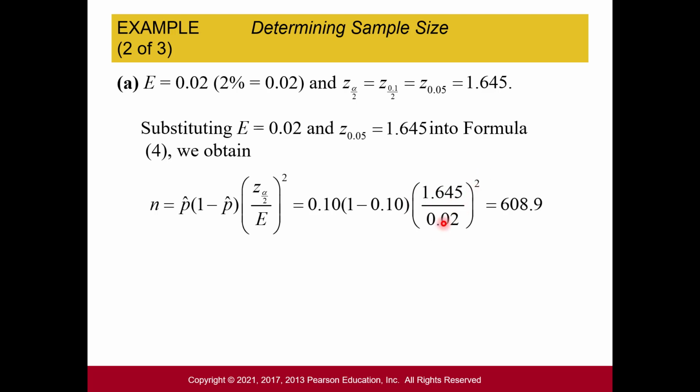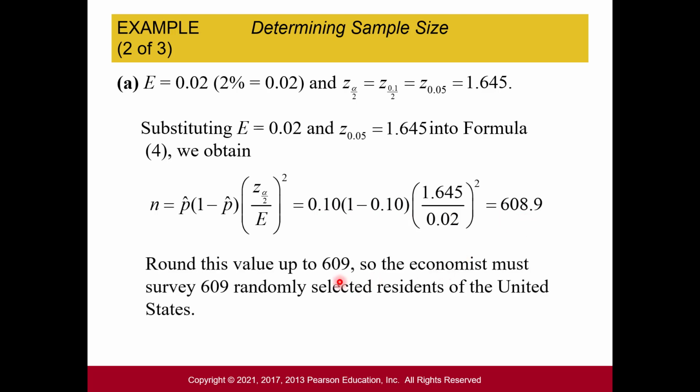Remember your rules of arithmetic and order of operations. So you're going to do this division first, then square that value. Do this subtraction, and then multiply all three of those, and you're going to get 608.9. So we round this up to the nearest integer, which is 609. And so the economist must survey 609 randomly selected residents of the United States.